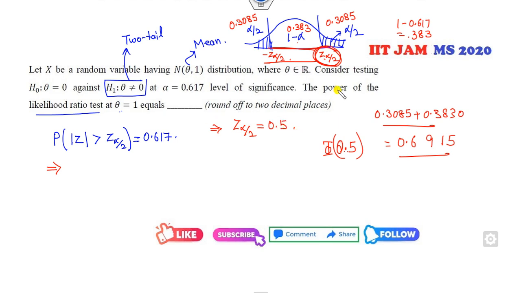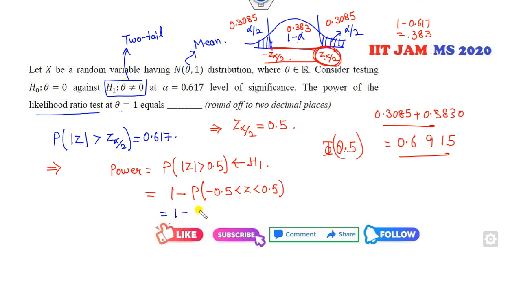Then your target is to find the power, so your critical region is z greater than 0.5. So your power will be the probability z is greater than 0.5 under the h1. Now under the h1 it is not given, so I can write this as 1 minus the probability of minus 0.5 less than z less than 0.5. Or I can write this as CDF of 0.5 minus CDF of minus 0.5.